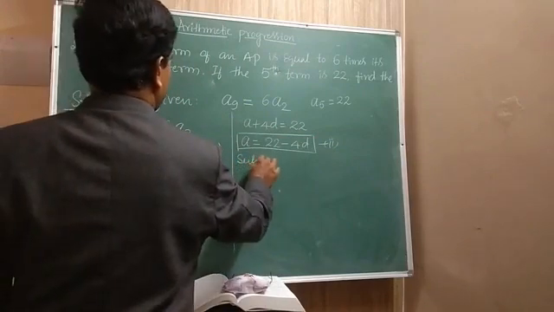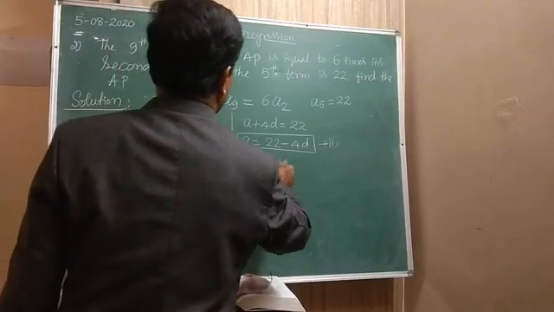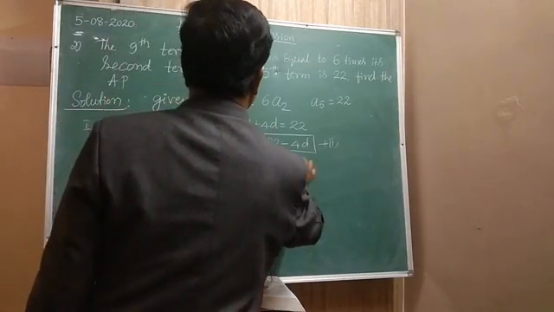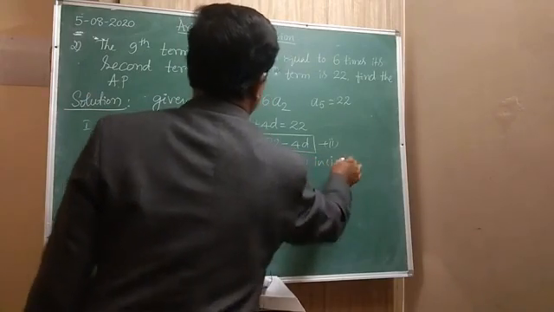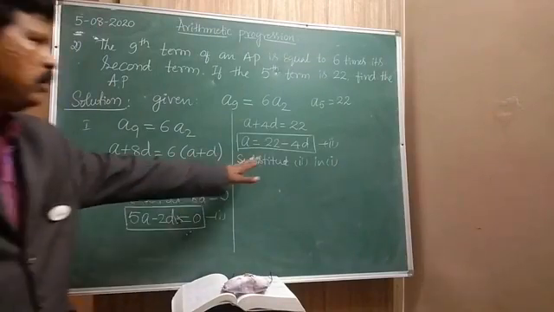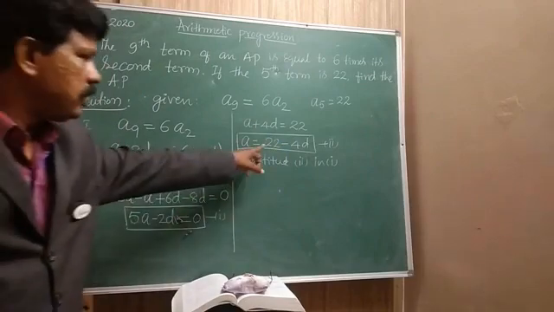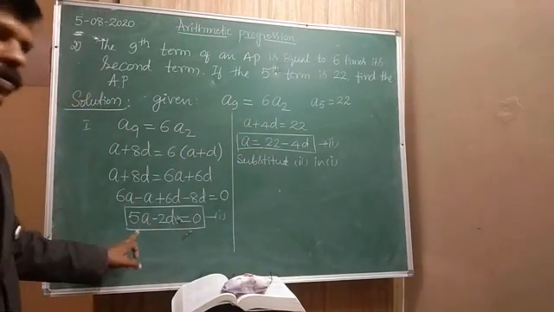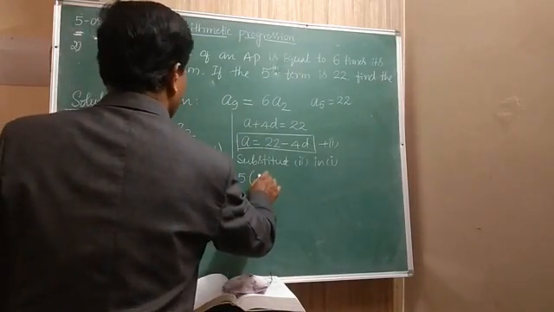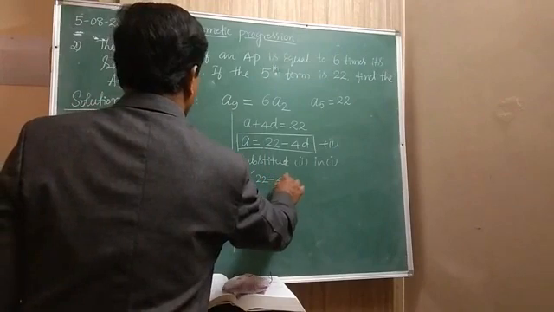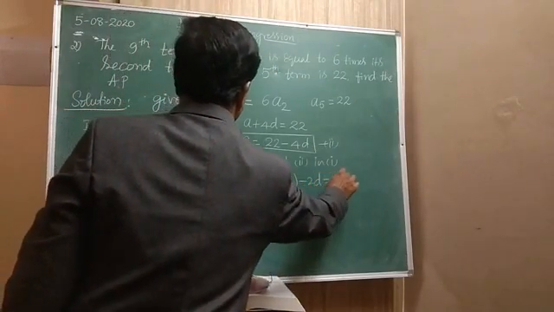Substitute 2 in 1. Now here take the value of A, 22 minus 4D, substitute this value in this. Okay, then what you are going to get? 5 into 22 minus 4D minus 2D is equal to 0.